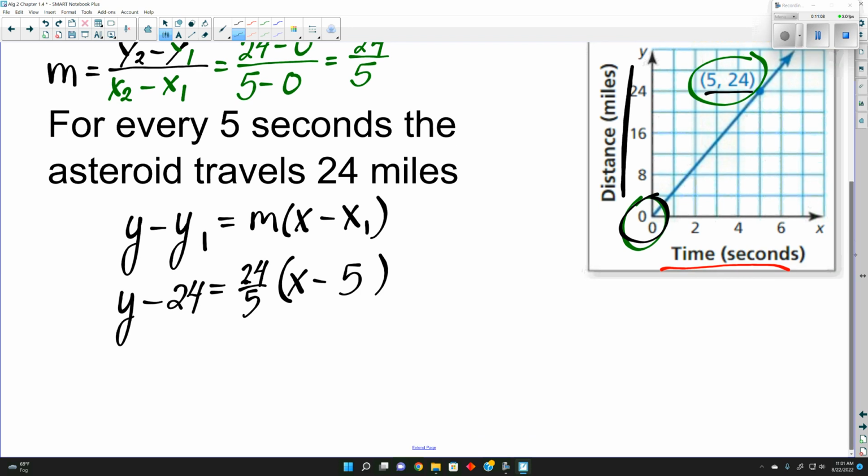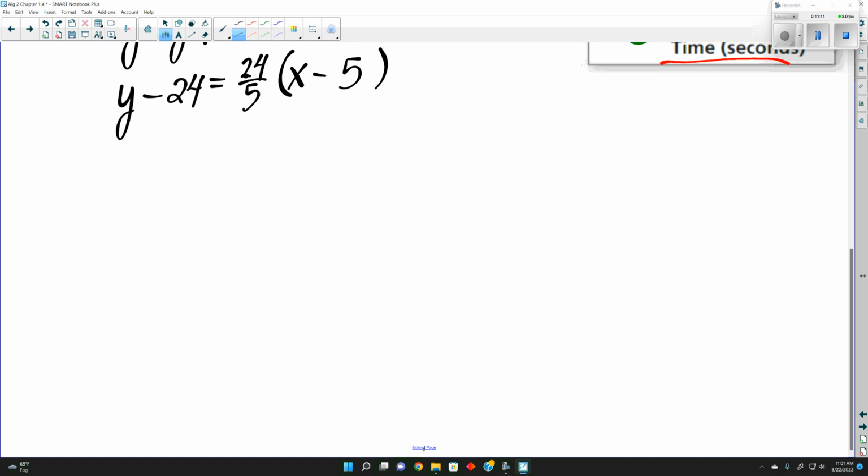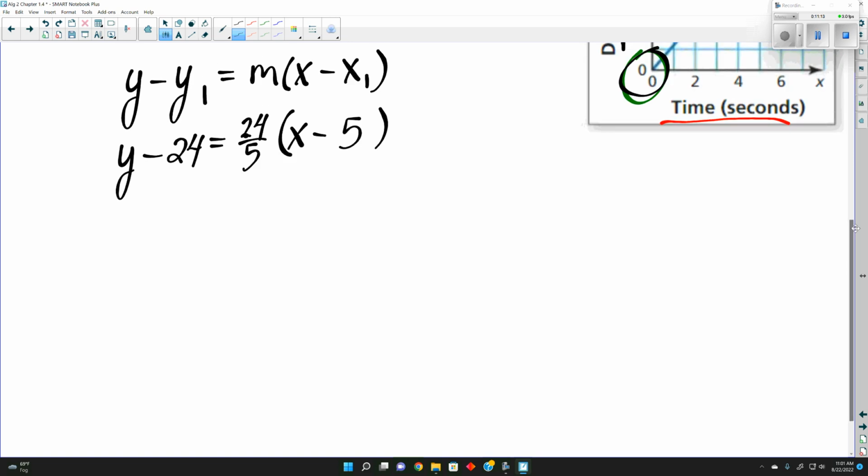Now at this point, we do need to get y by itself. So the first thing we need to do is distribute the 24 over 5. 24 over 5 times x is 24 over 5 x, minus. Now we're going to multiply 24 over 5 by 5. On the left-hand side, we'll still have the y minus 24.